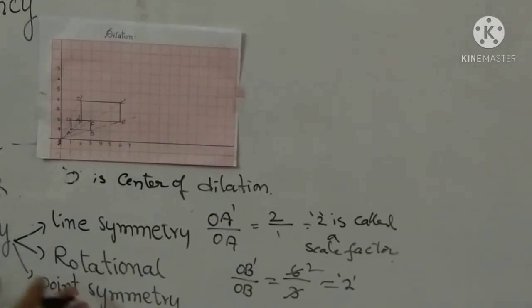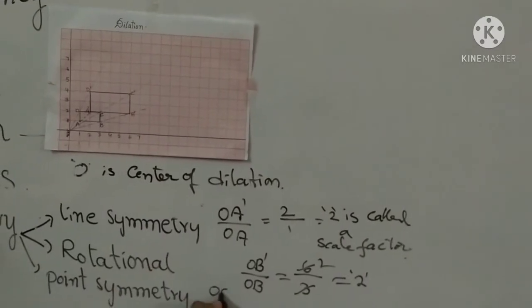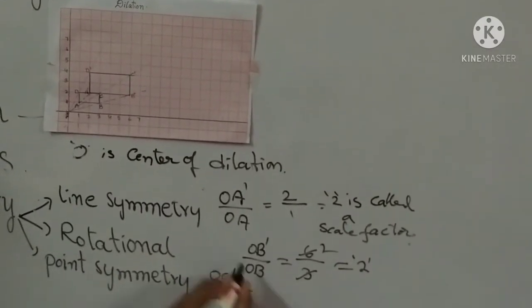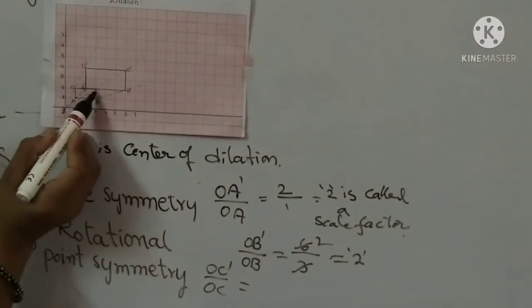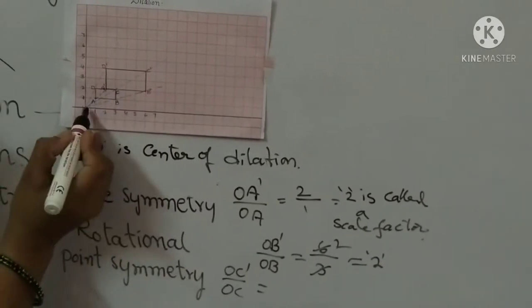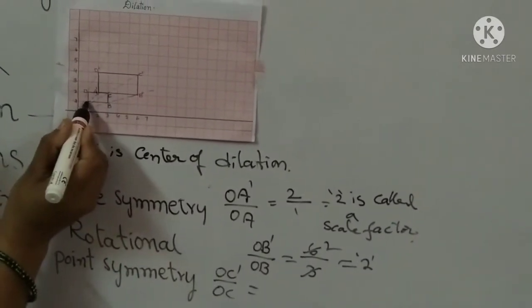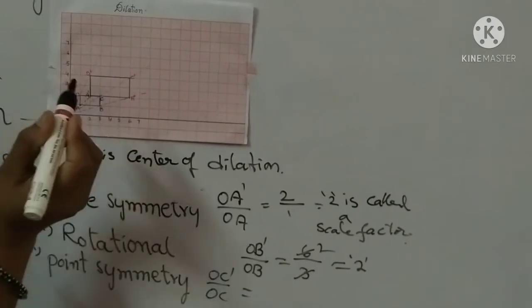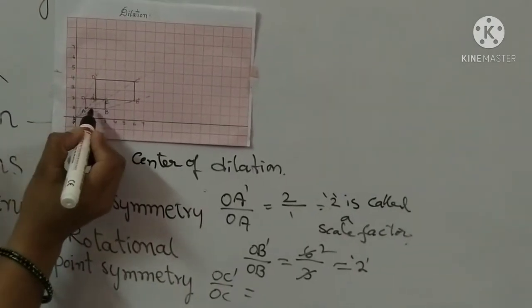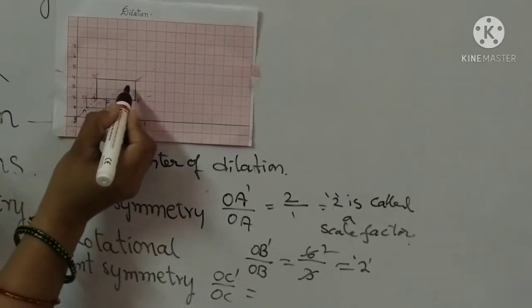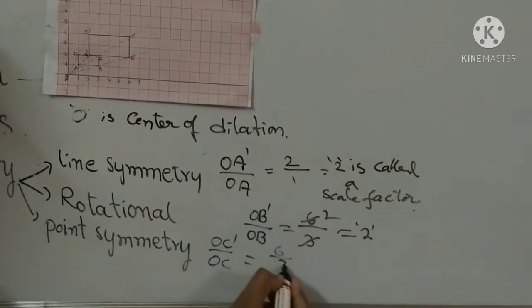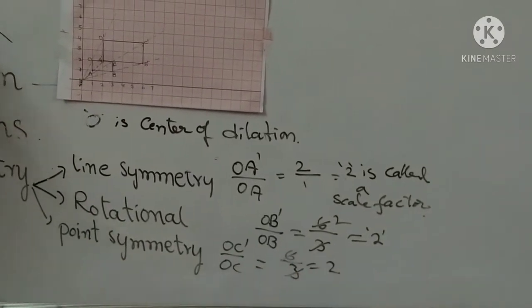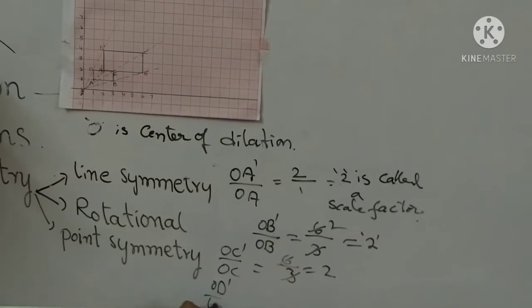Okay children, did you understand? The remaining also: OC dash by OC. OC is 1, 2, 3 units, and OC dash is 1, 2, 3, 4, 5, 6. So it is also 6 by 3, the same 2 units. Next OD dash by OD.